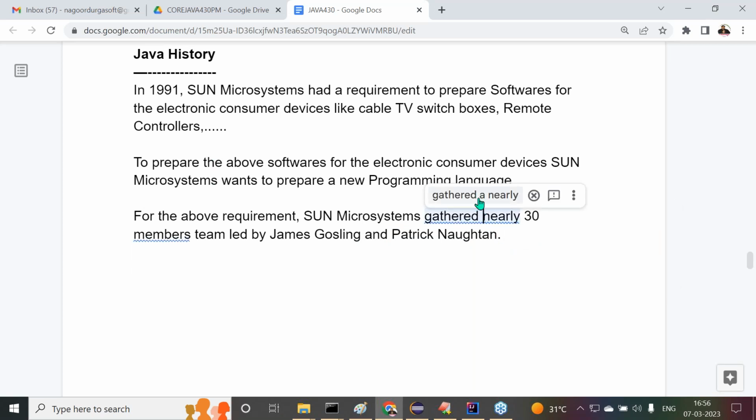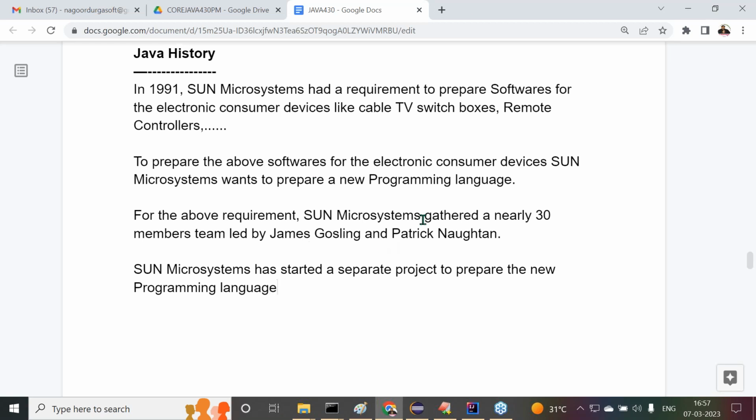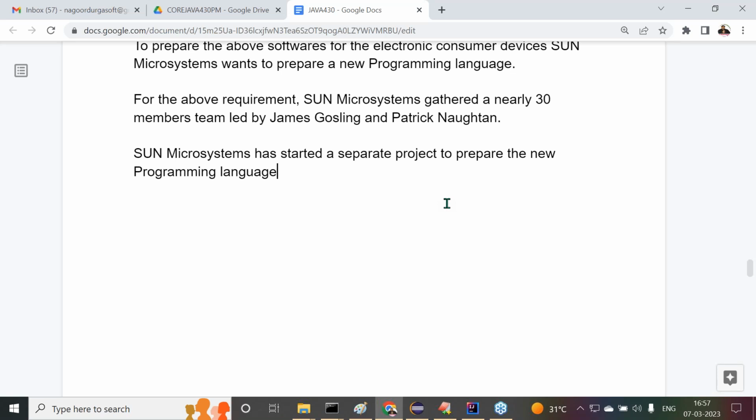After that, Sun Microsystems started a separate project to prepare the new programming language, named the Green Project.